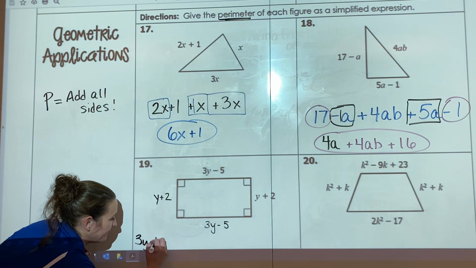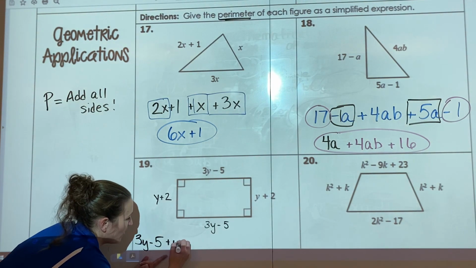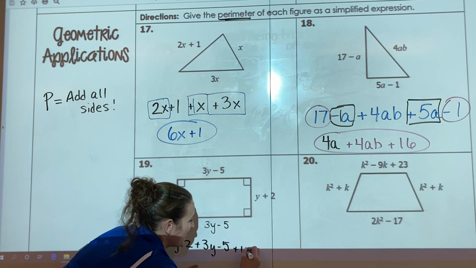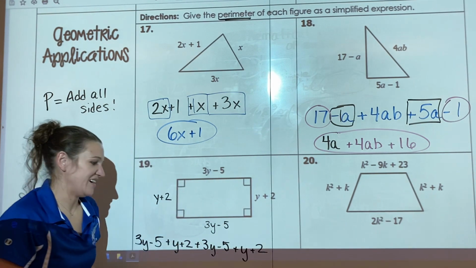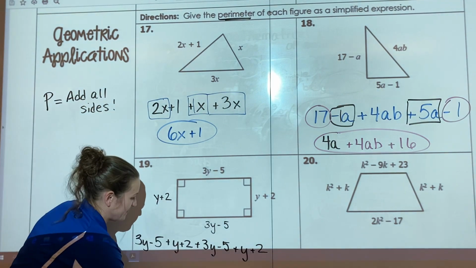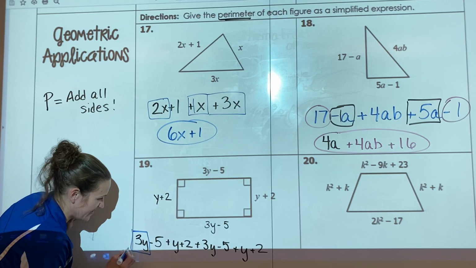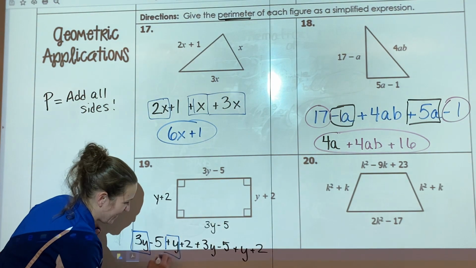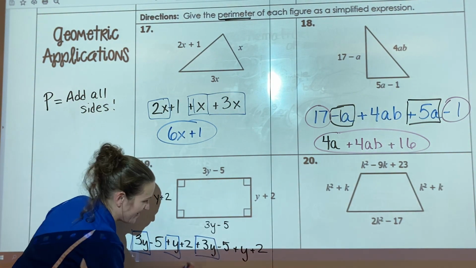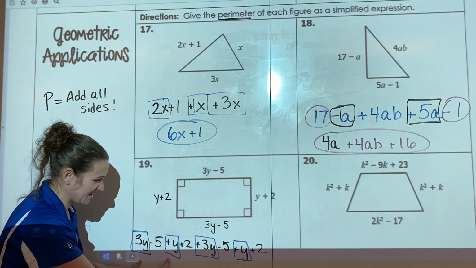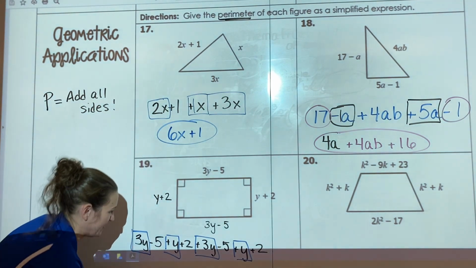3y minus 5 plus y plus 2 plus 3y minus 5 plus y plus 2. I see all those like terms. Let's put them together. We have 3y, positive 1y, 3y, positive 1y. 3 plus 1 is 4, plus another 4 will give me 8y.